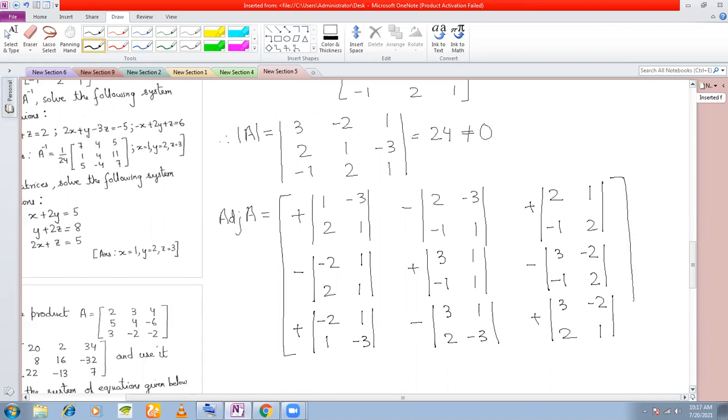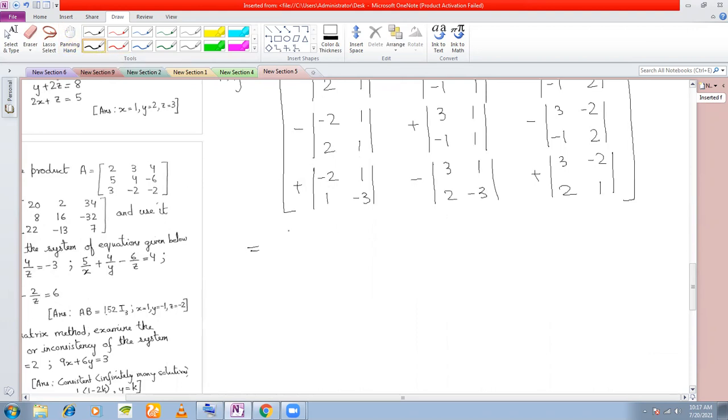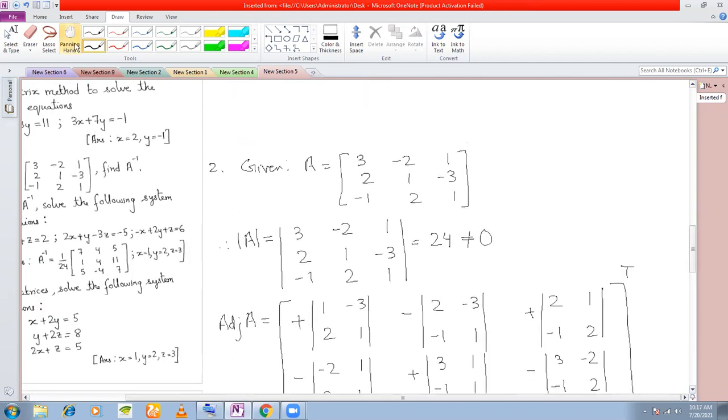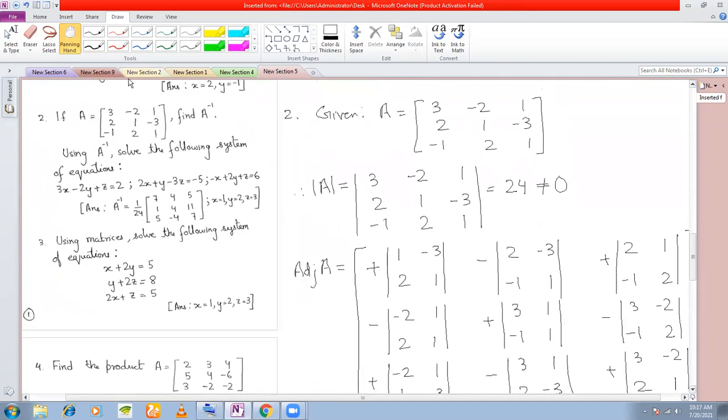All these transpose. That means the adjoint you are getting here is 7, 1, 5. You calculate the value of the determinants. Transpose. Okay, so this is what we are getting for the value of A inverse, and that answers the first part of your question, that is, find A inverse.